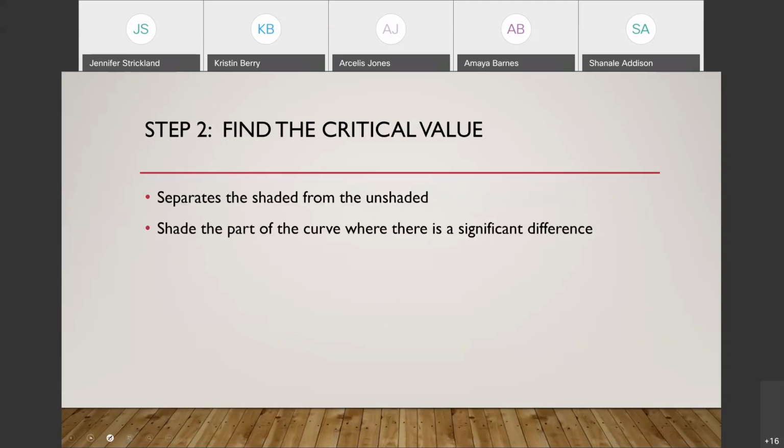We're going to shade part of that curve. This critical value is going to separate the shaded part from the unshaded. We're going to shade the part of the curve where there is a significant difference. I'm going to let you jot those two statements down, and we're going to go back to our examples and look.